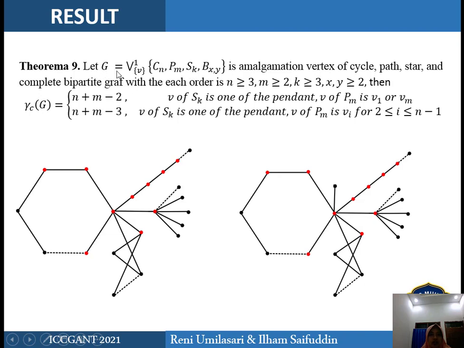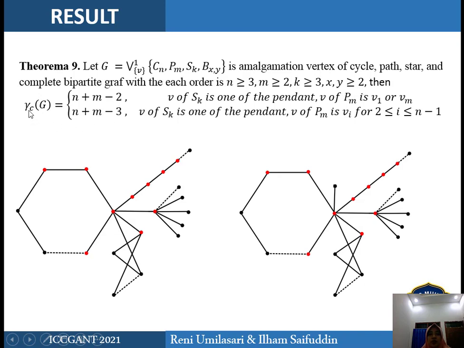Here, let G equal the vertex amalgamation at v of Cn, Pm, Sk, and Bx,y, the amalgamation of a cycle, path, star, and complete bipartite graph with n more than or equal to 3, m more than or equal to 2, k more than or equal to 3, and x, y more than or equal to 2.